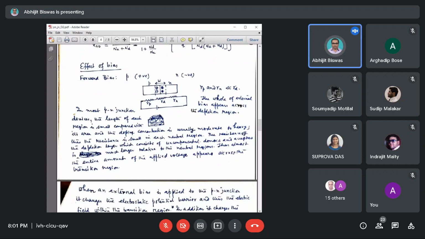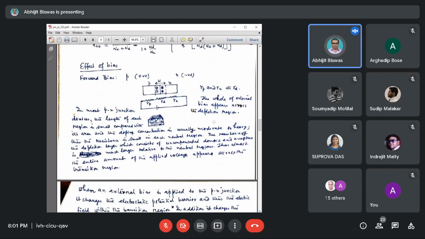So these resistances are represented by Rp and Rn to represent the neutral resistance corresponding to the neutral P region and N region respectively. And in between there is a depletion region, and it offers very high resistance compared to both Rp and Rn.